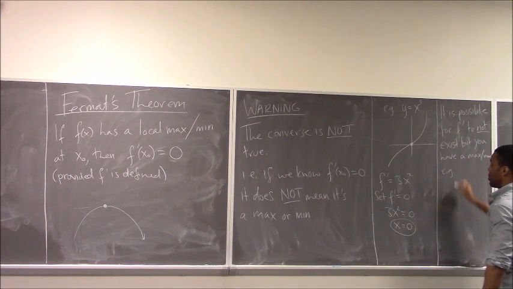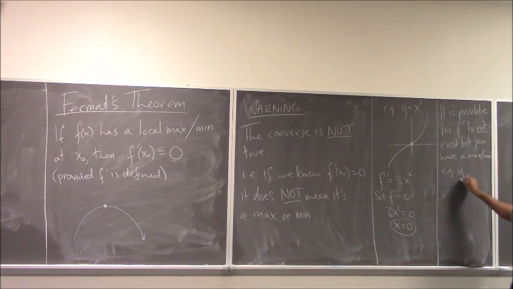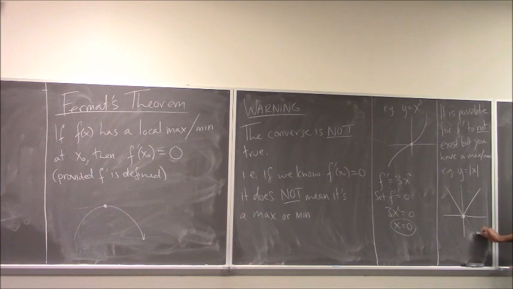An example of that we saw earlier as well. If you look at y equals absolute value of x, we've already proven that at this point there is no derivative. The derivative is not defined at that point, but that's clearly a minimum. It's a minimum, but f prime does not exist.